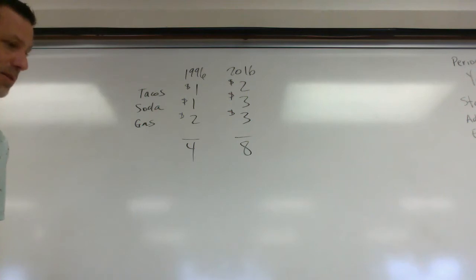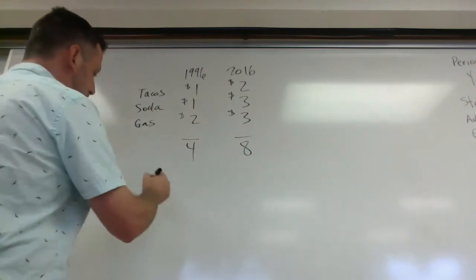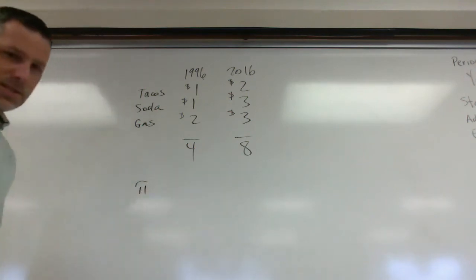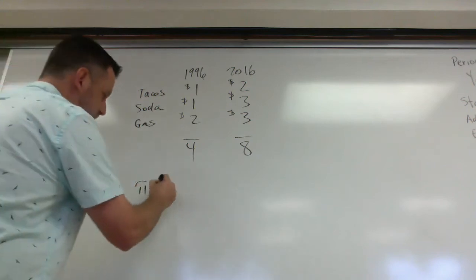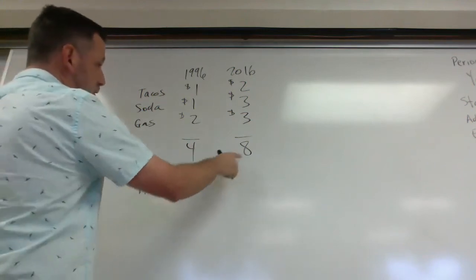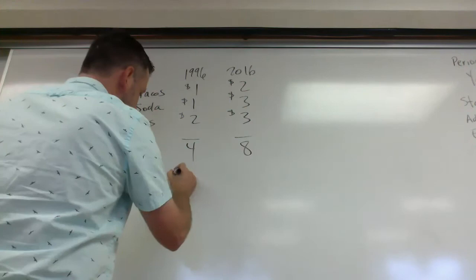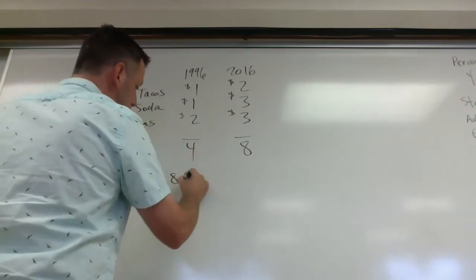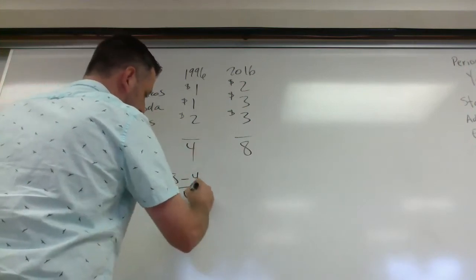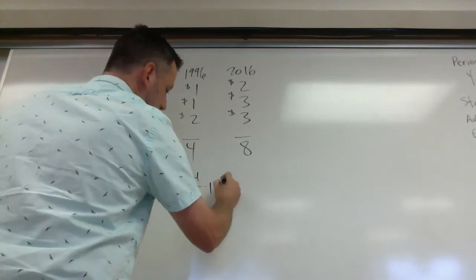and then we could plug those into our growth formula so that our inflation rate, which is abbreviated with pi, equals, right, our new is 8, our old is 4, over 4 times 100.